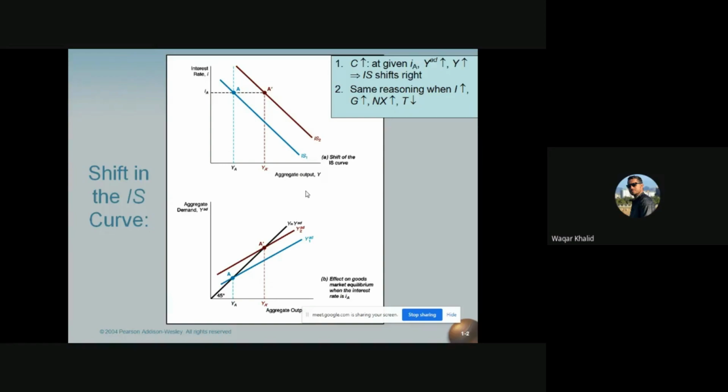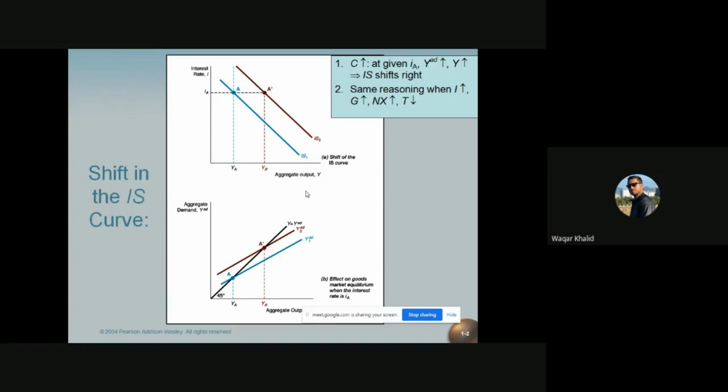Let me discuss the third important factor, changes in government spending. Changes in government spending is the third most important factor shifting the IS curve. An increase in government spending will also cause the aggregate demand function at any given interest rate to shift upward.